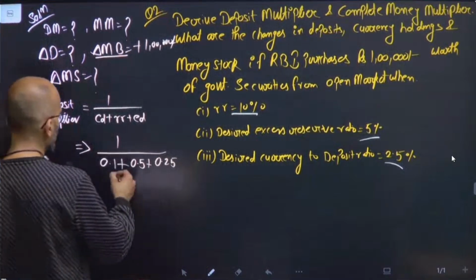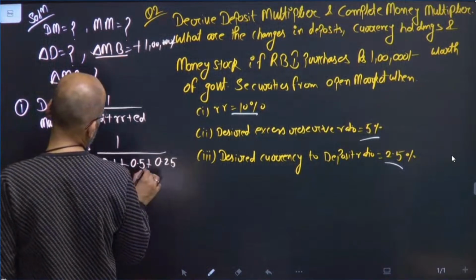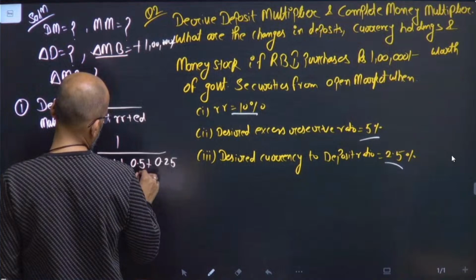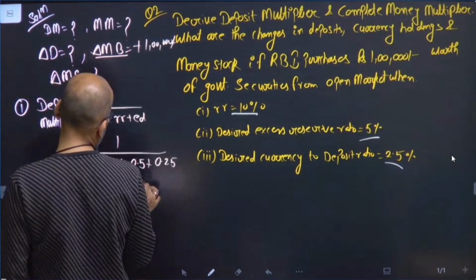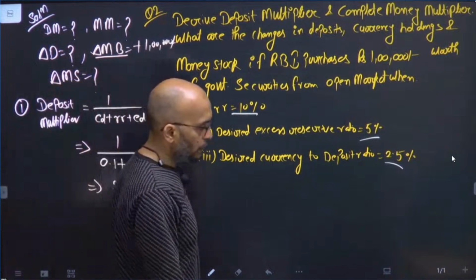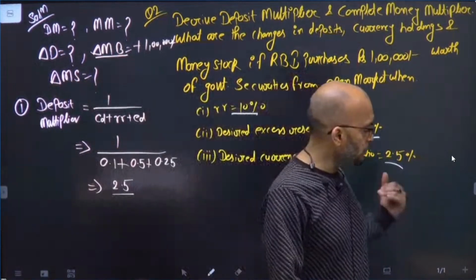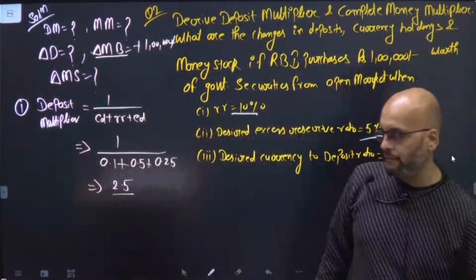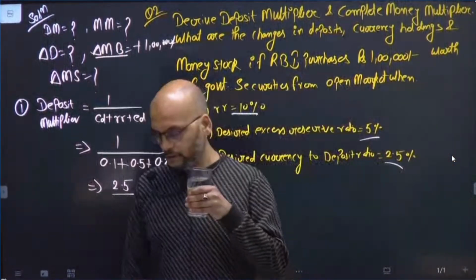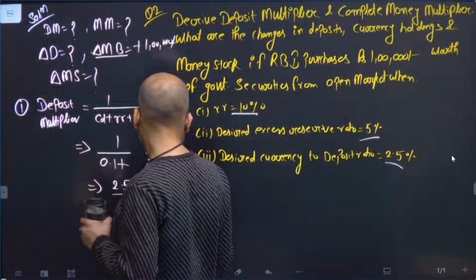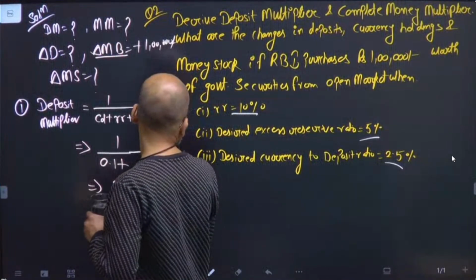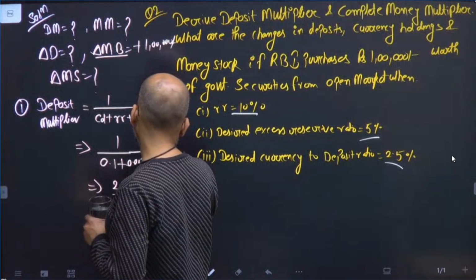Right. When you solve it, it will come out as 2.5. Now, I don't know what mistake you people were doing. It was very direct.